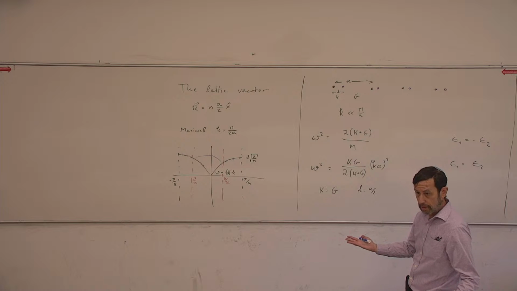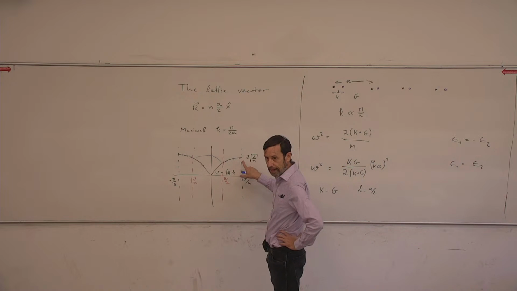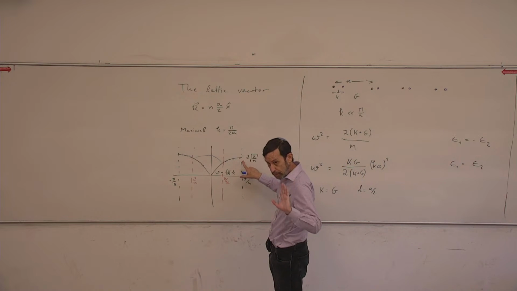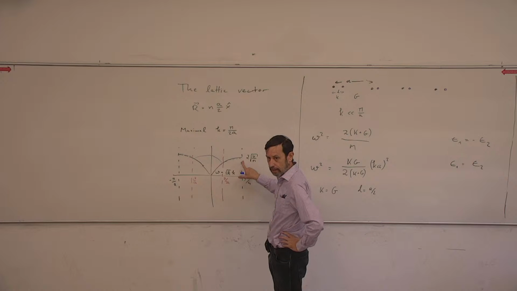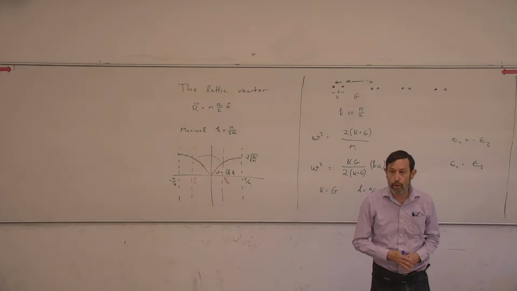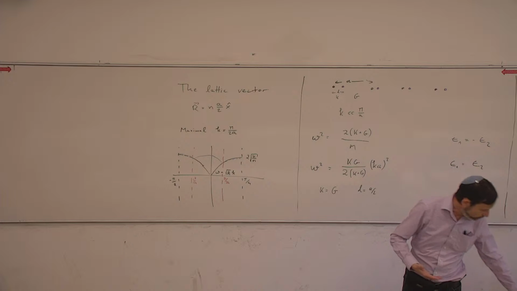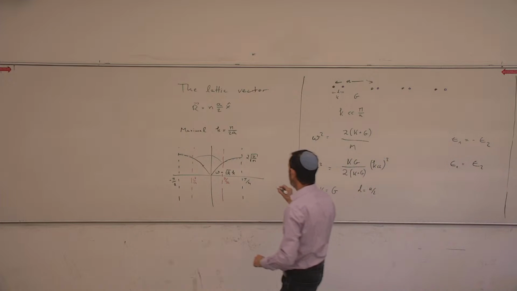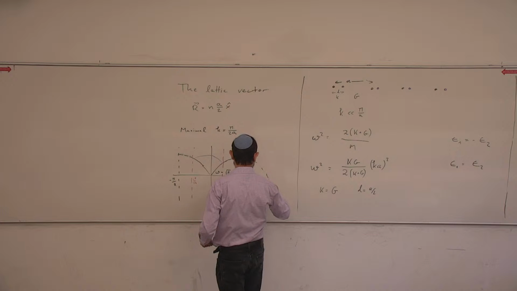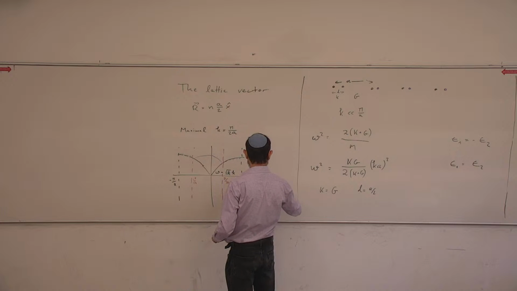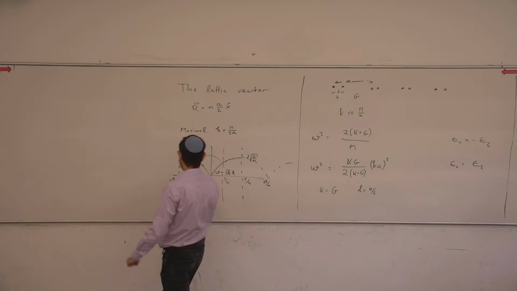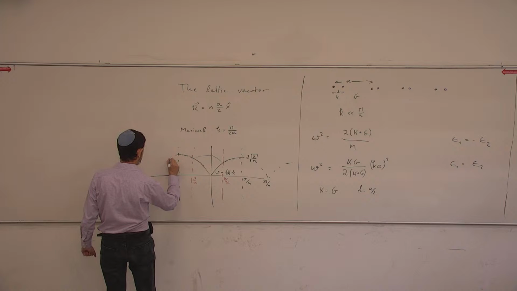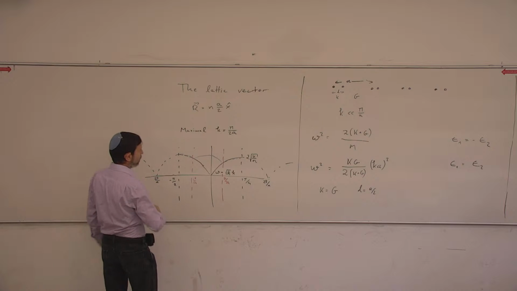Otherwise it's meaningless. If I wouldn't have cut this here for the simple one-dimensional single atom per unit cell lattice, and I would continue to draw the solution, this keeps going, and so on and so forth.